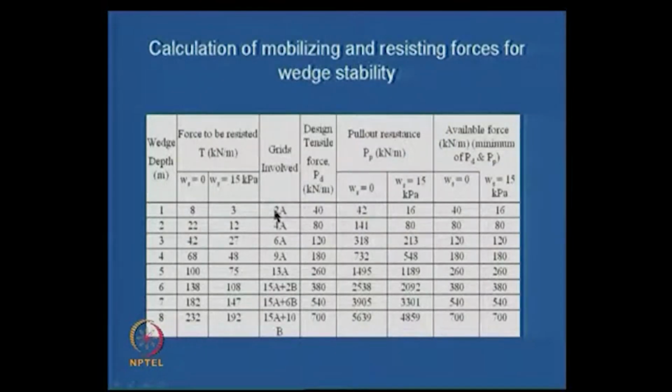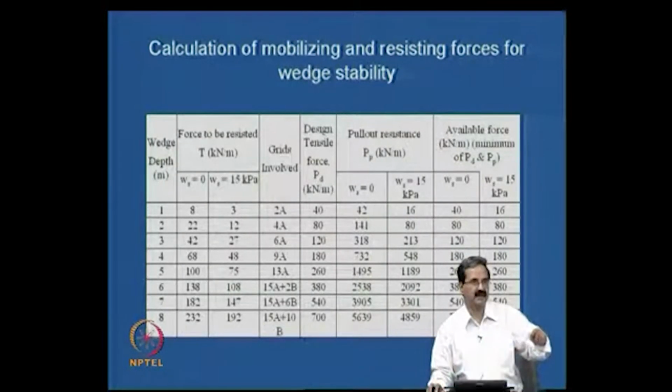So, it is fine. In a 1 meter wedge, you can provide at 0.25 spacing and at 0.75 spacing, so it becomes 2 in a 1 meter wedge. Like that you can take a 2 meter wedge, and in this case you will get some 141.